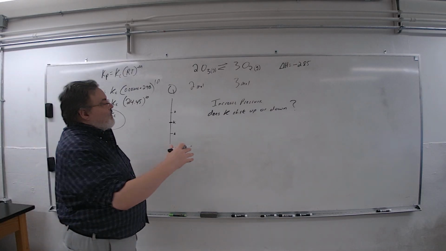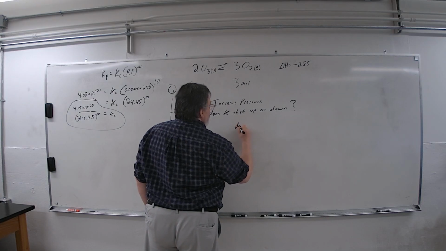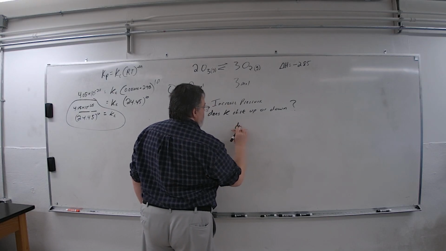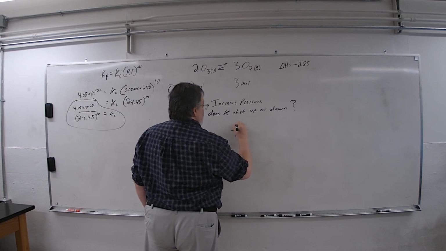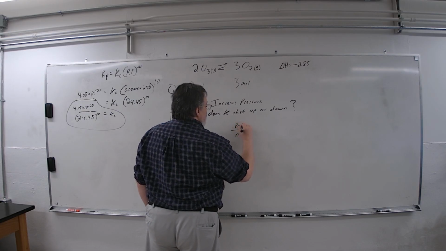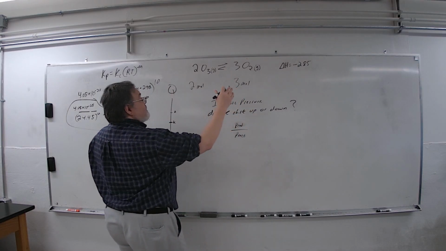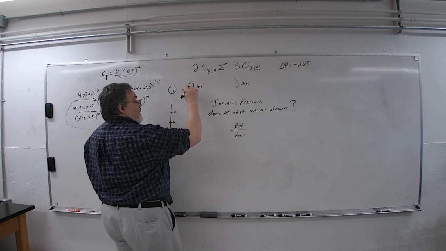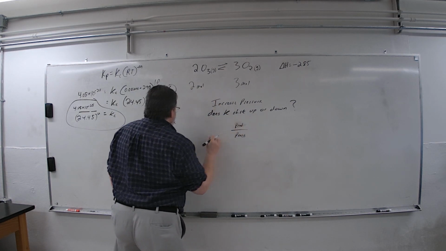So if I increase pressure, it shifts this way. That means my numerator and denominator, well, I'll say products. I increase pressure, it shifts this way. The reactants increase and the products decrease.